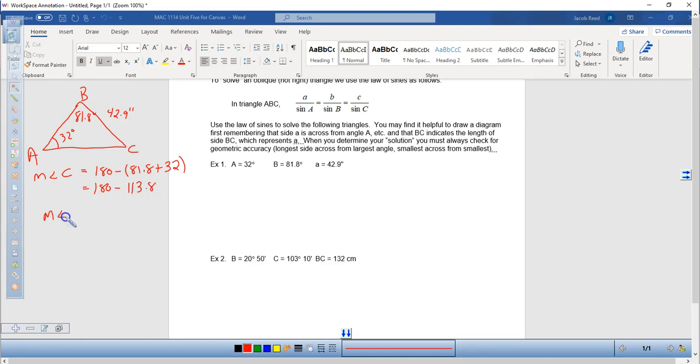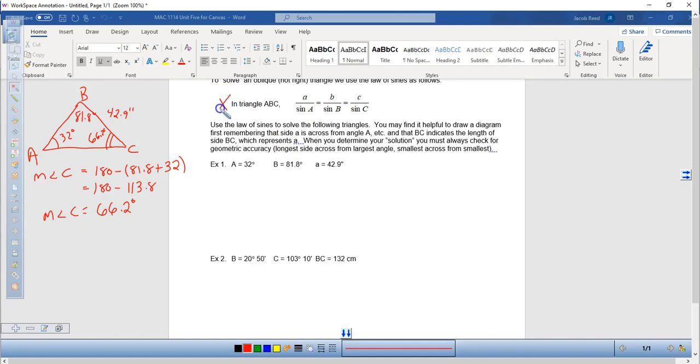So the measure of angle C is going to be 66.2 degrees. So all angles are found. Now we do sides.